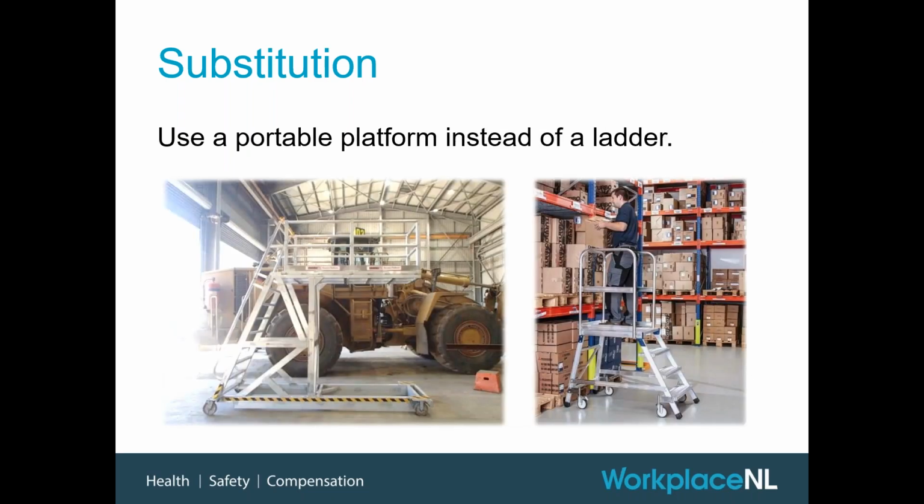If you do need to use some kind of ladder or scaffold or what have you, why not try, instead of a regular traditional ladder, a portable platform? I've seen a lot of these in use in industrial sites, in particular in garages where they're dealing with heavy equipment. These are pretty common to see.